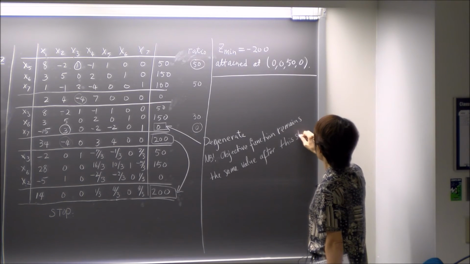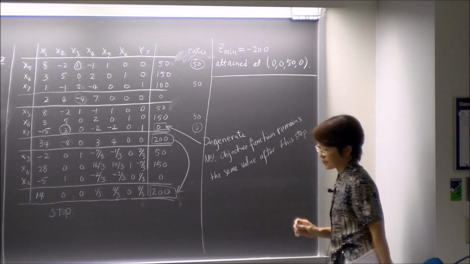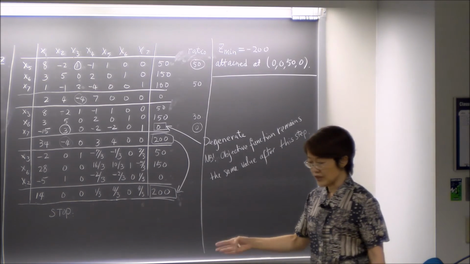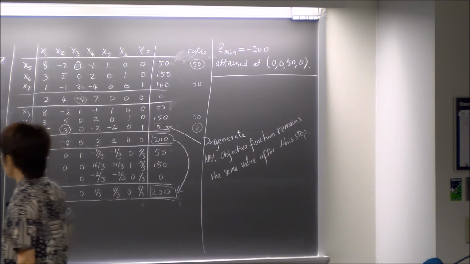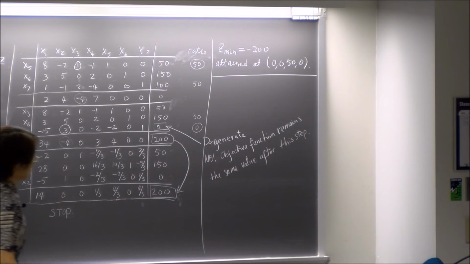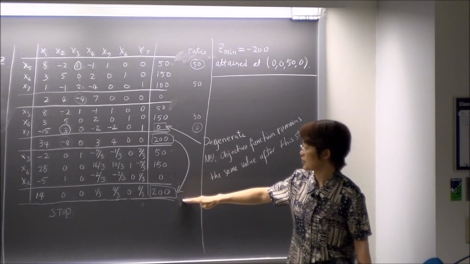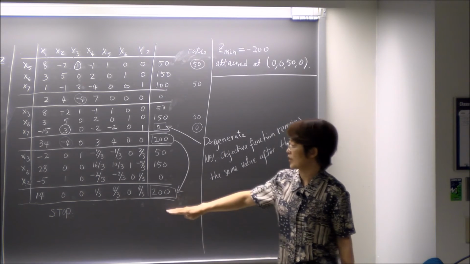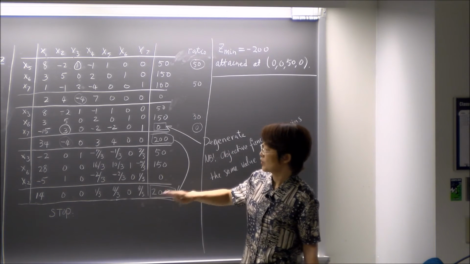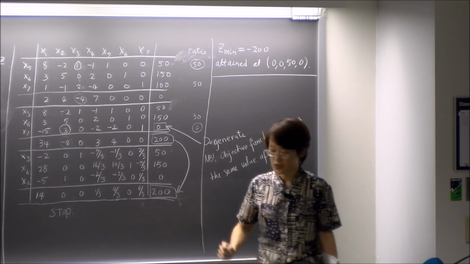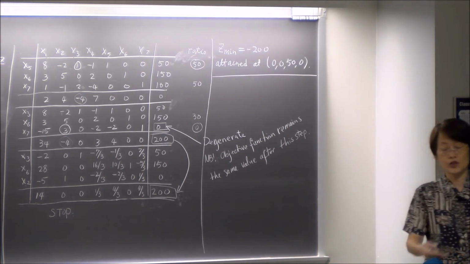Okay, just want to catch your attention. So even though this is degenerate, we see that the simplex method works just fine, and after 1-2 steps, we reached the point that we can apply theorem O, the optimality condition, and we see that we can stop.